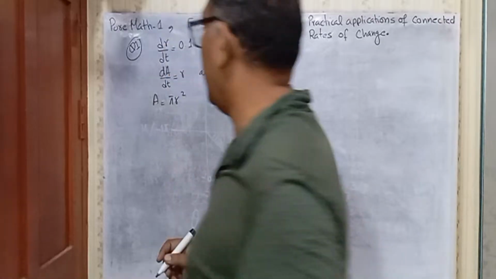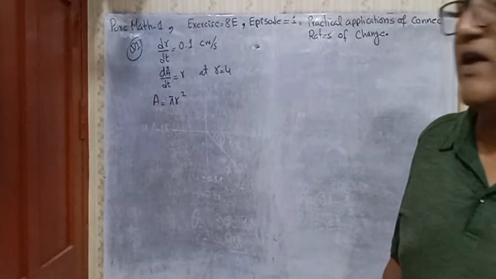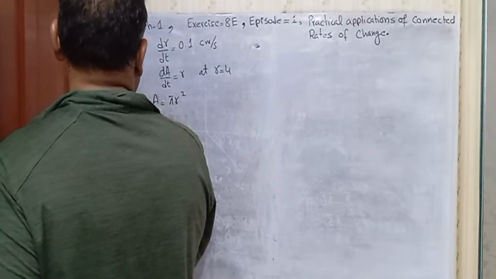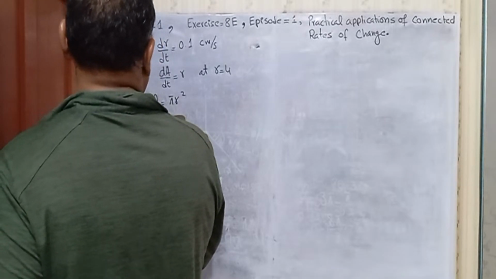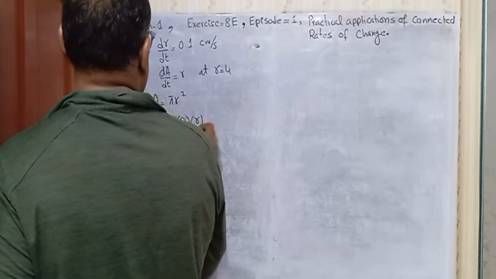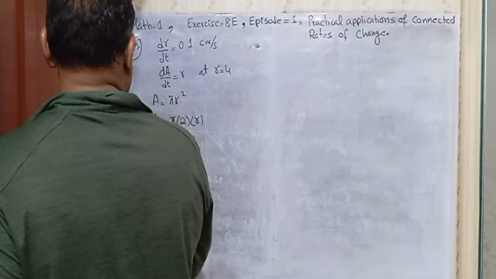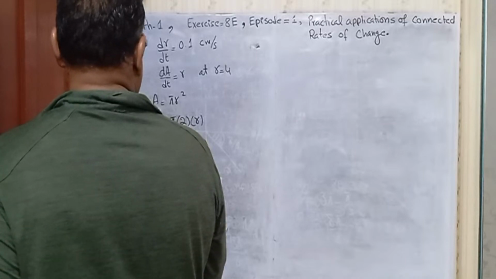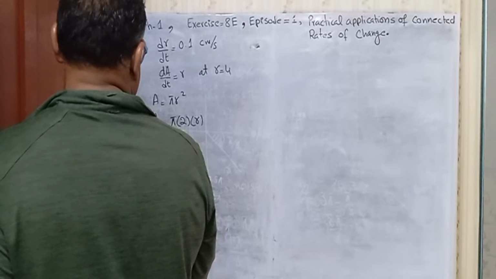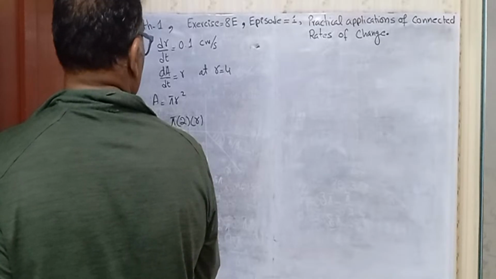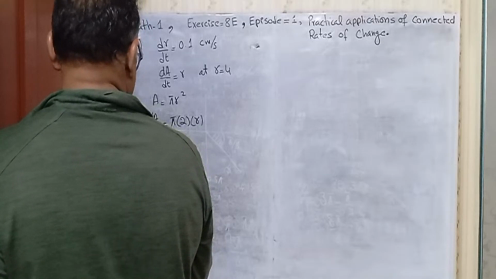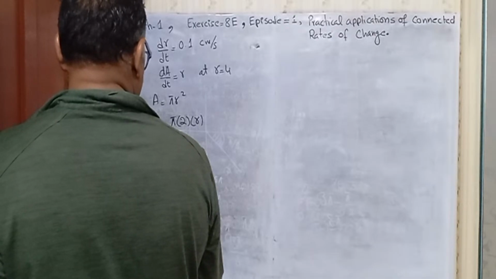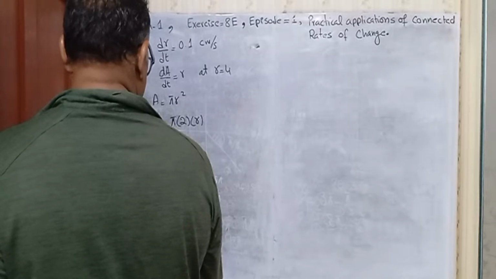First of all, we will differentiate, dA by dr will be pi into 2 into r, equals 2 pi r. Now at r equals 4, dA by dr will become 2 pi into 4, and that will be 8 pi.